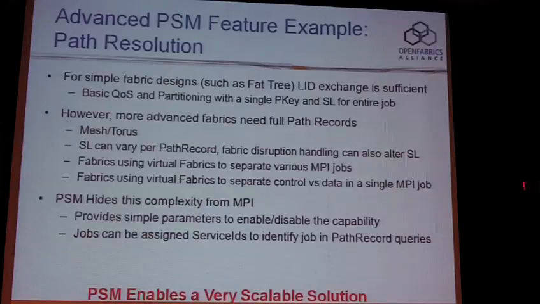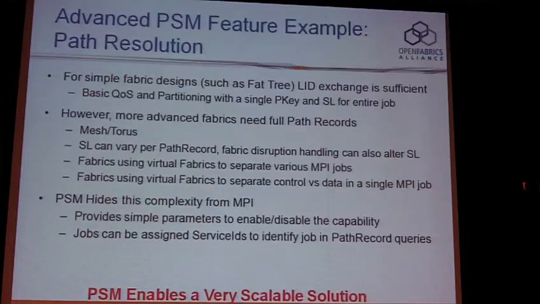In which case you want to be able to route around them, and you need alternate routing algorithms. Those routing algorithms will typically change the service level or the destination LID or both that you need to use, so that you do not introduce credit loops, but have just the traffic that was impacted rerouted.